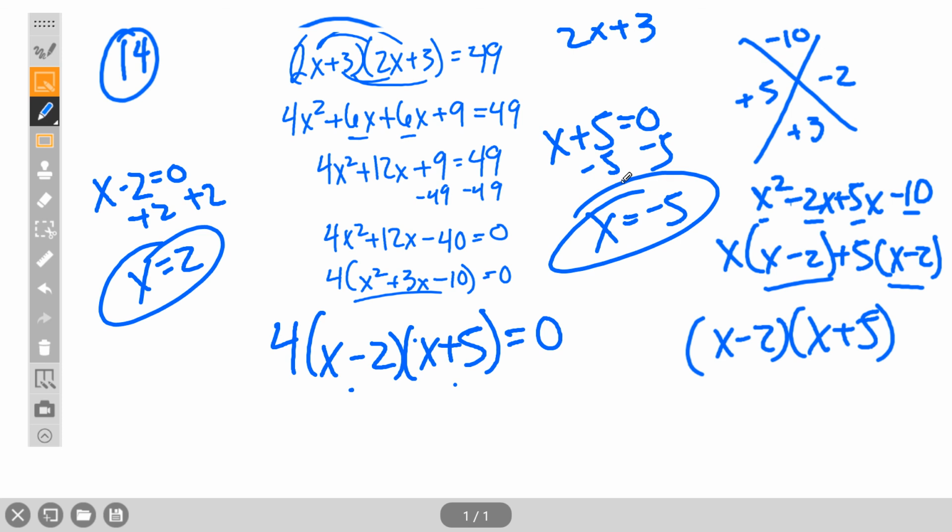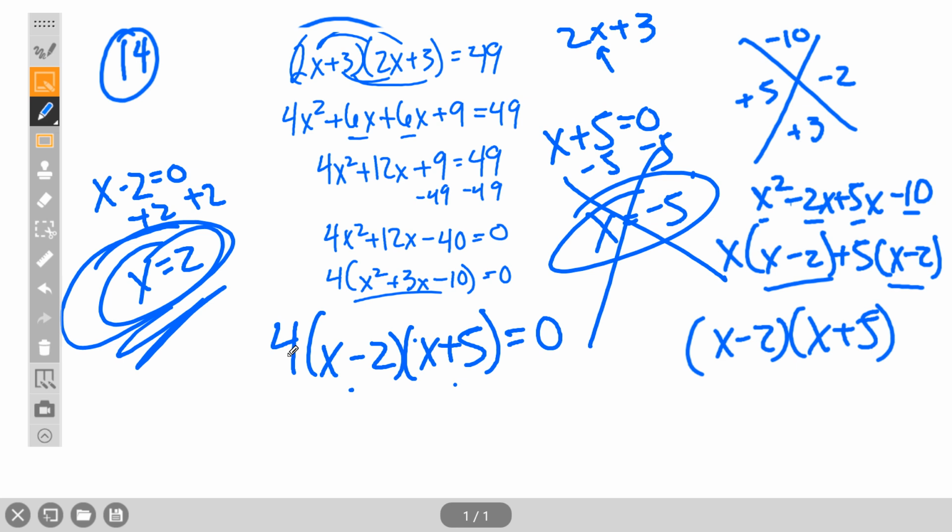So if we plug in negative 5, that would make the side length negative 7. So this provides a negative side length, so that's not a possible solution. So the only possible solution is 2, which would provide us with a side length of 7, because 4 plus 3 would be 7. So the only possible value for x would be 2.